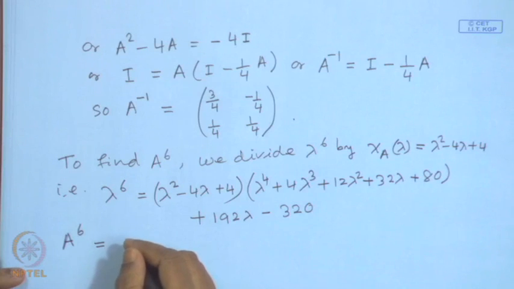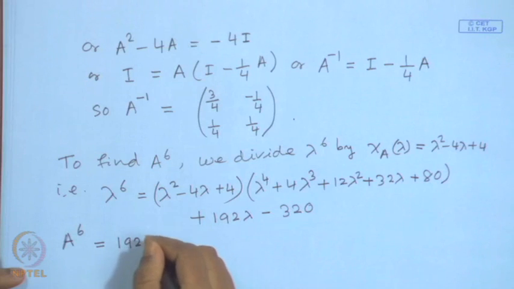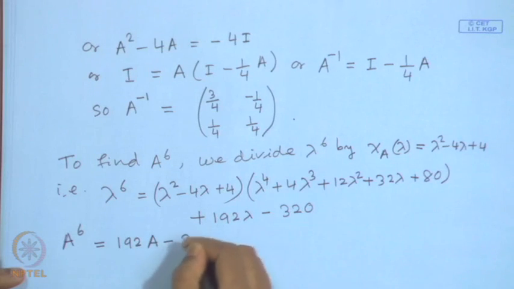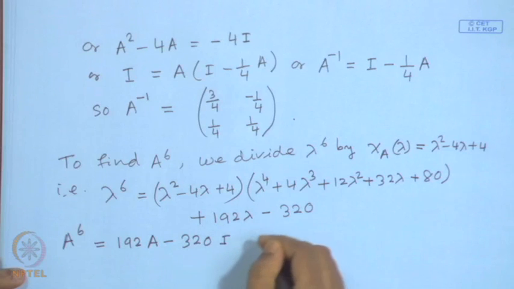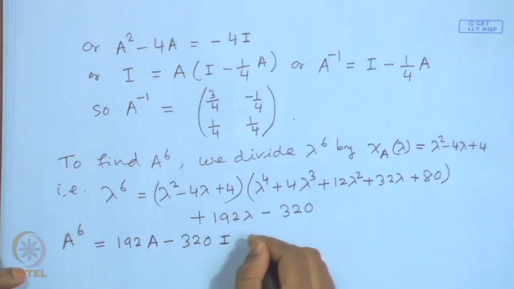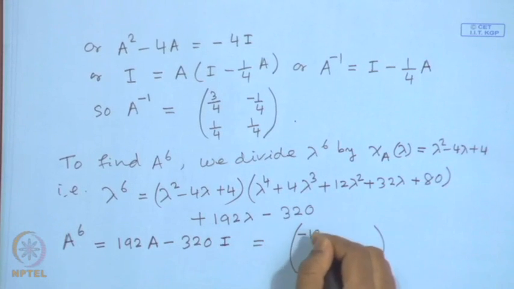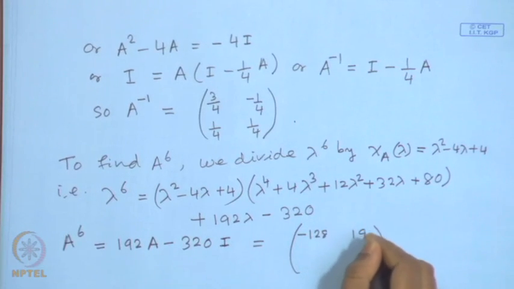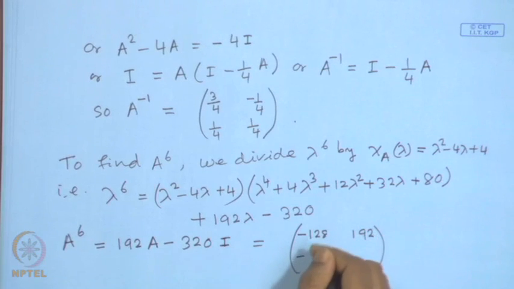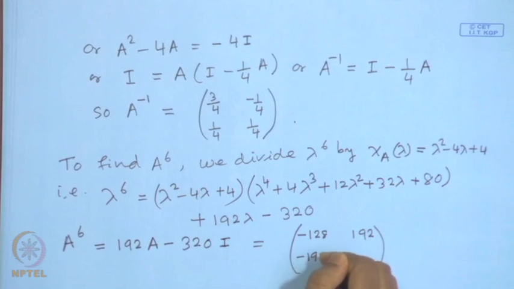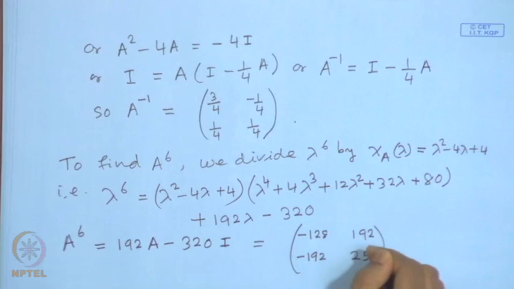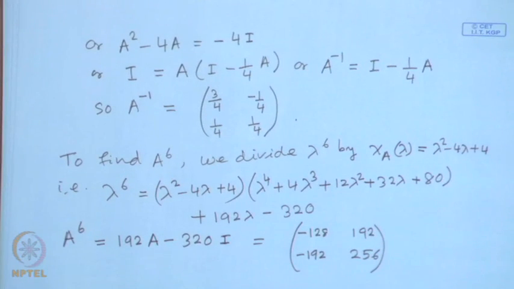Therefore, A to the power 6 equals 192 times A minus 320 times the identity, and one can compute that this matrix is minus 128, 192, minus 192 and 256. This is how we computed the sixth power of the matrix A.